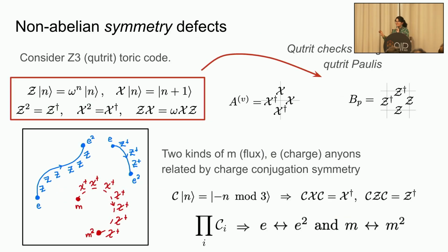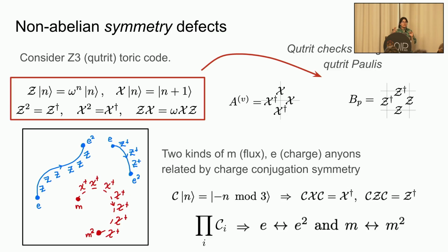So now to talk about something non-trivial, we're going to use the same idea of pushing operators from one side of the Kramers-Wannier map through to the other to understand how we might create a non-abelian symmetry defect in an abelian order. In this case, we're going to consider the so-called Z3 or qutrit toric code.